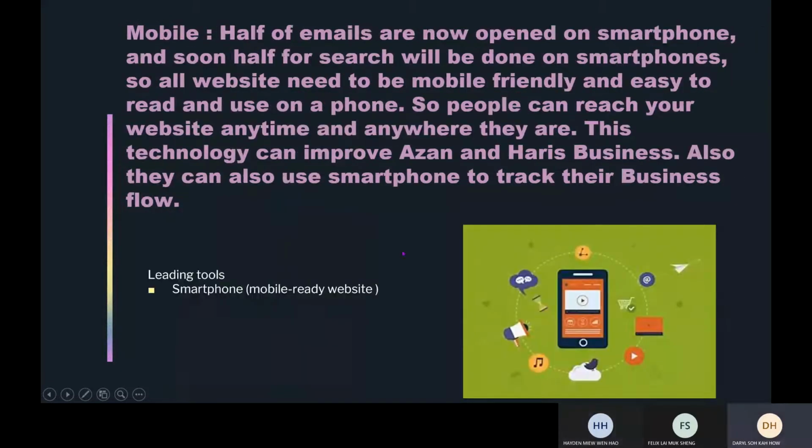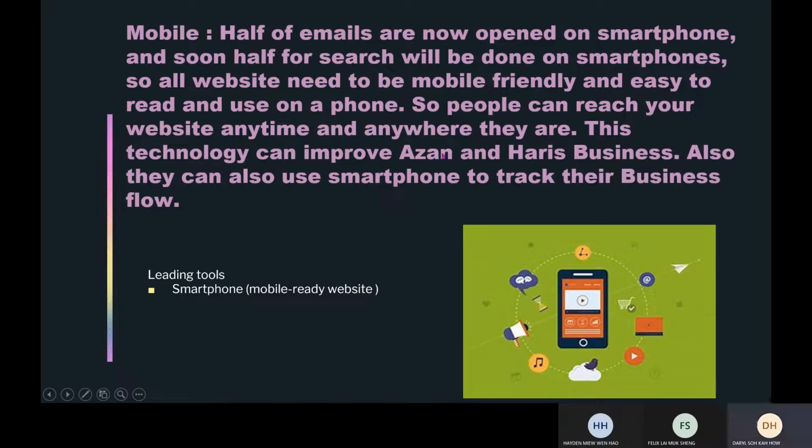Okay. Last one is mobile. Half of emails are now opened on smartphones, and soon half of searches will be done on smartphones. So all websites need to be mobile friendly and easy to read and use on a phone, so people can reach your website anytime, anywhere they are.